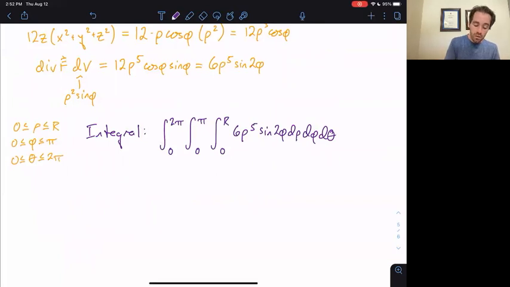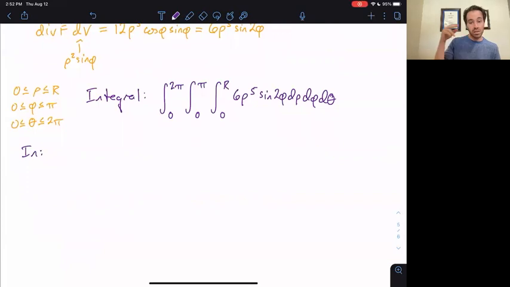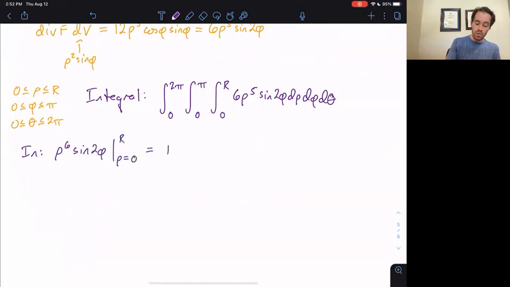We'll integrate first with respect to rho, 6 rho to the 5th. This is like custom made because rho to the 6th over 6 times 6, it's going to be rho to the 6th. So it'll be rho to the 6th times sine of 2 phi. And then this is at rho equals 0 and capital R. This will be simply r to the 6th sine of 2 phi.